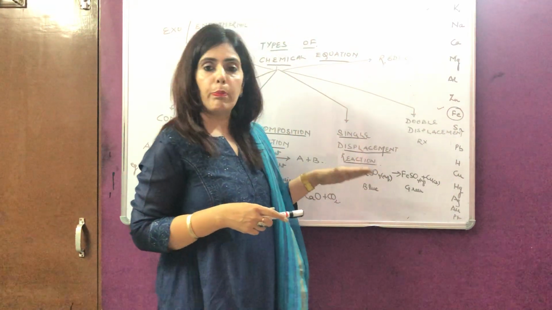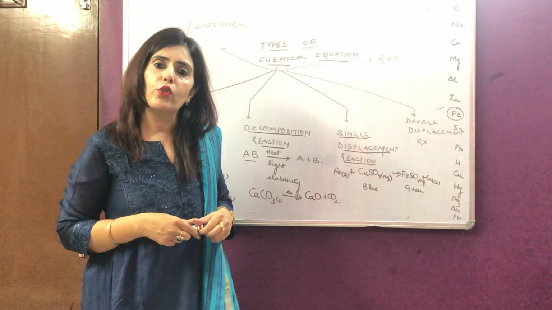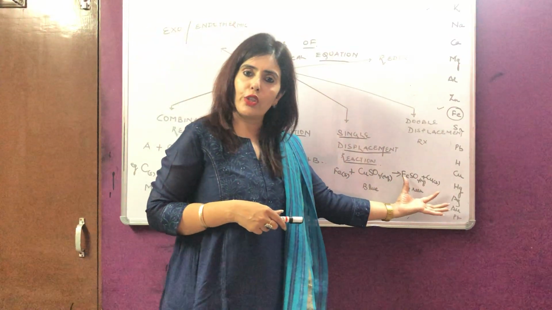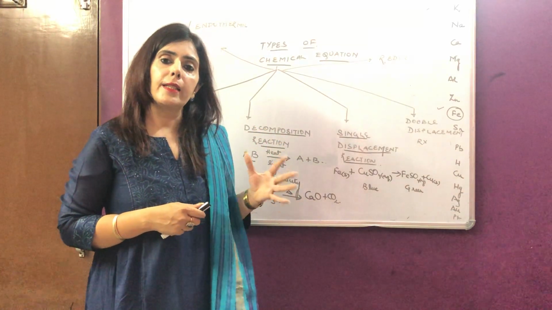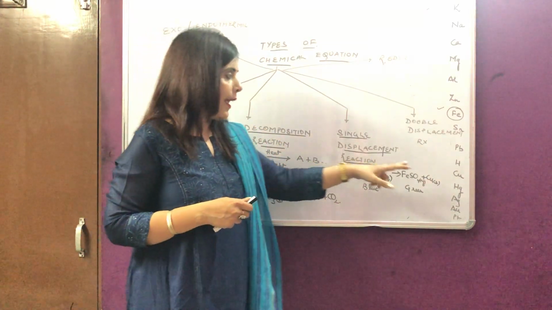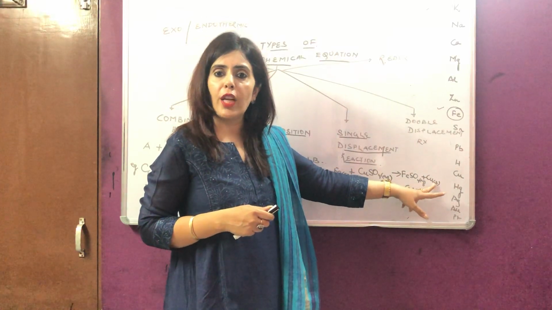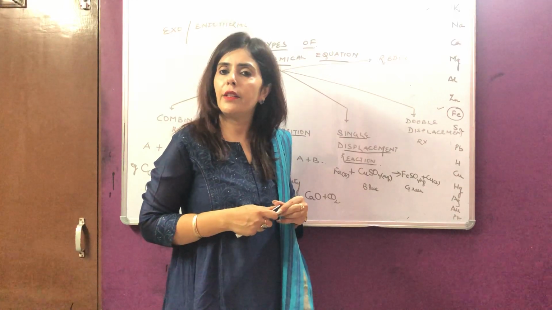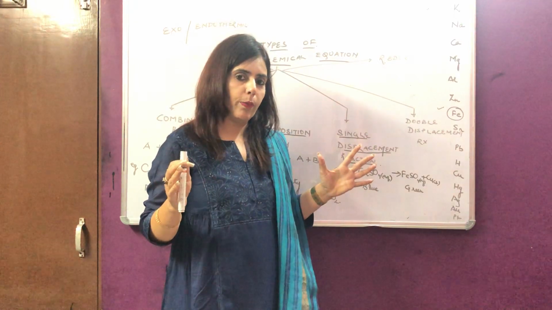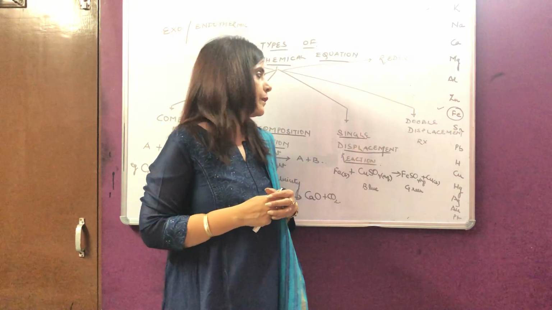So iron can push away copper from its salt solution to make its own salt. And such kind of reactions are called single displacement reactions. And the reddish brown shiny substance copper is going to deposit on the bottom of the iron nails. So I hope I'm clear with the observations.